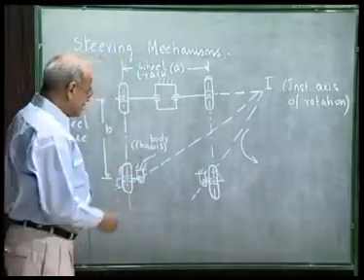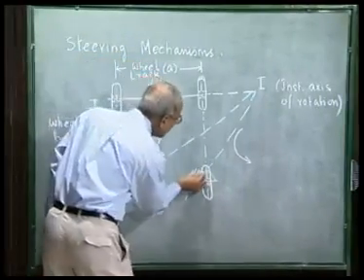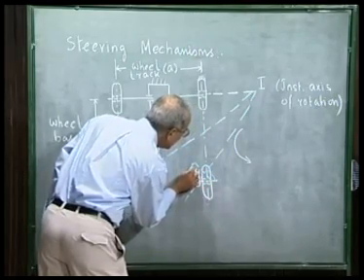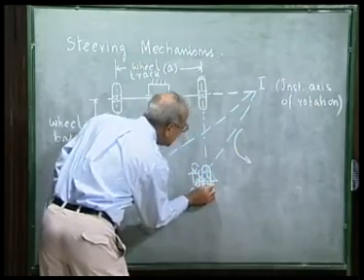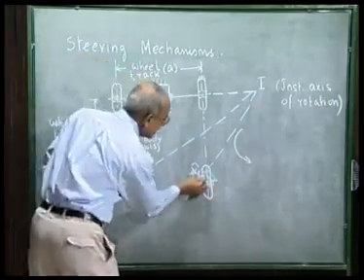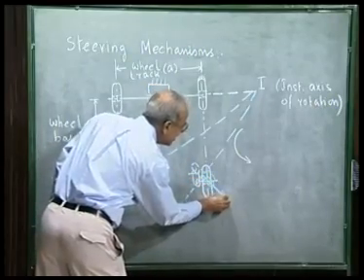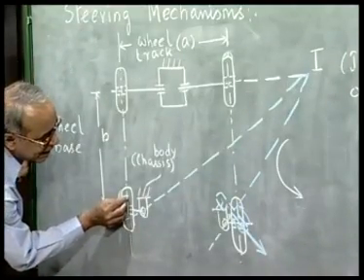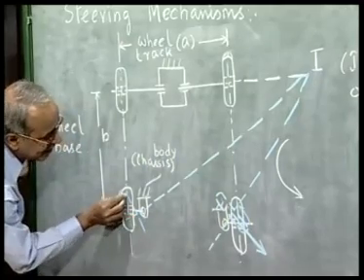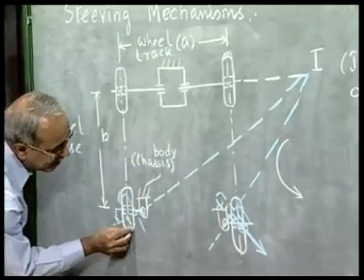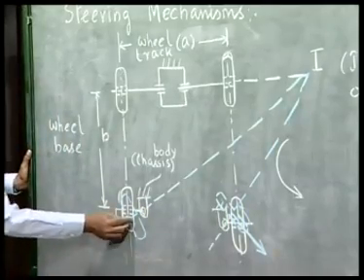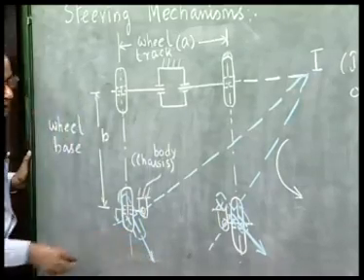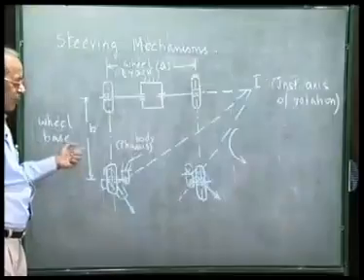As we see, in this situation, the wheel, which is now rotated like this, the velocity of the center of the wheel is in this direction, that is contained in the plane of the wheel. And this wheel, which is rotated like this, the velocity of the center of the wheel is perpendicular to this line and again contained in the plane of the wheel, which is the requirement for perfect steering.